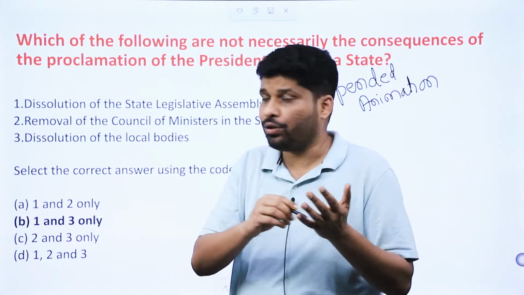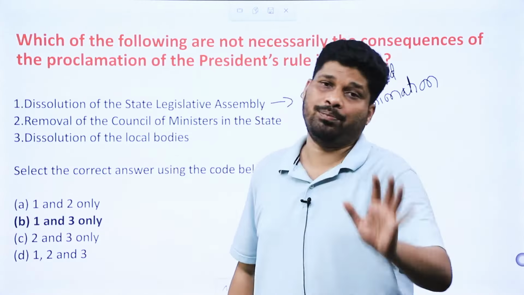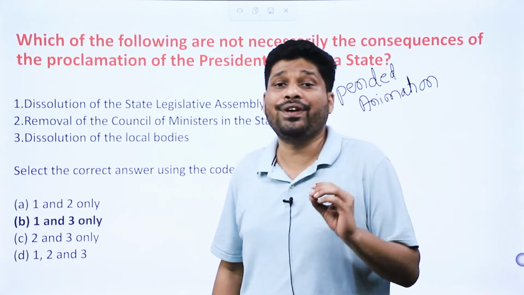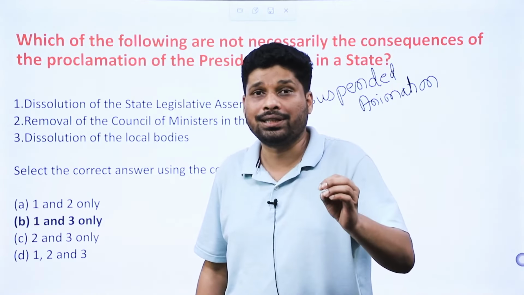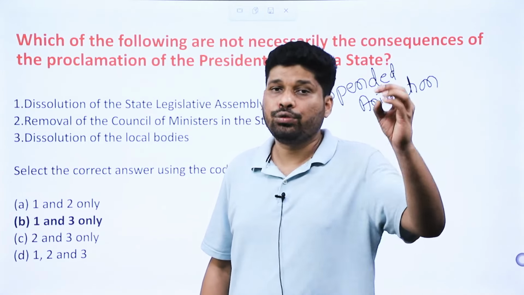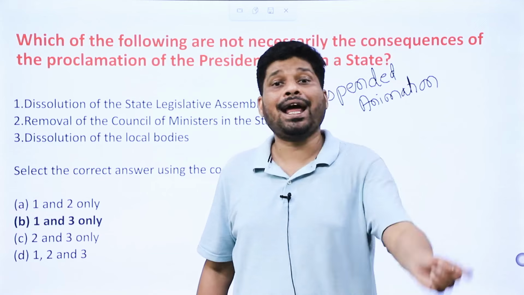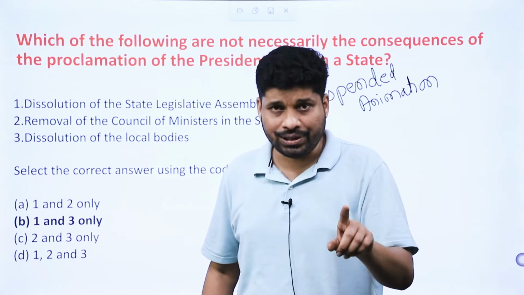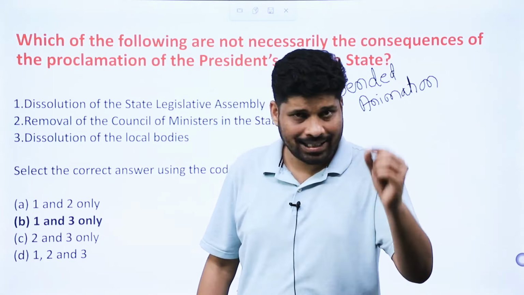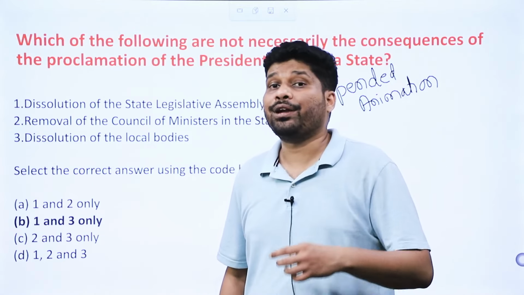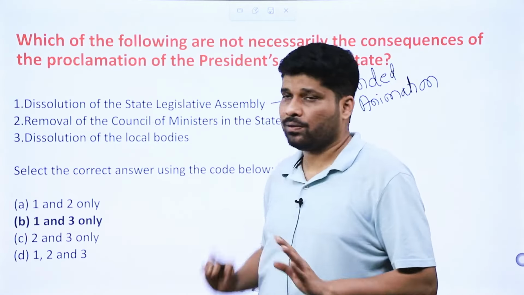So dissolution of the Vidhan Sabha is not compulsory under state emergency. In fact, in the SR Bommai case the Supreme Court said at the first instance don't dissolve the assembly. First suspend the assembly and try to solve the problem because of which state emergency has been declared. If the problem cannot be solved, only then dissolve the state assembly.